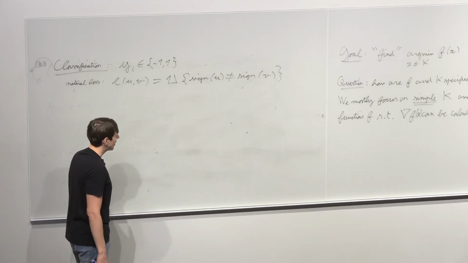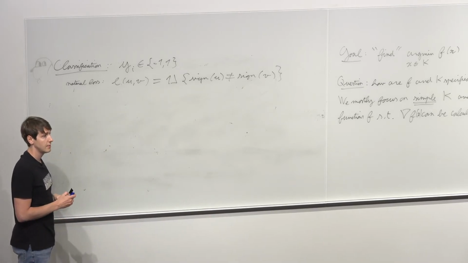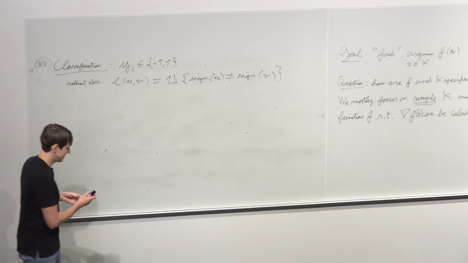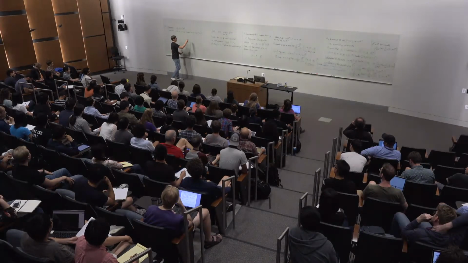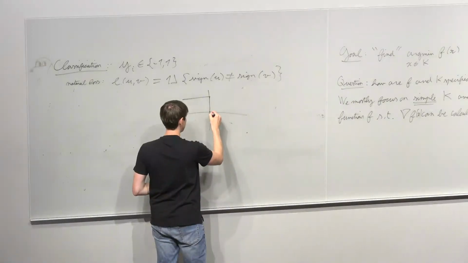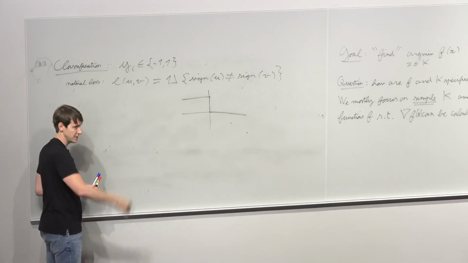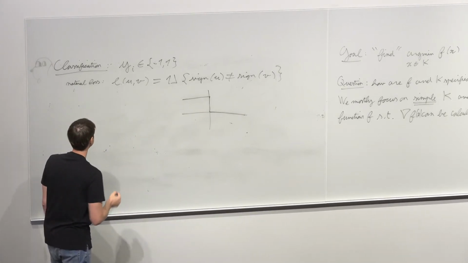What's the problem of this loss function from the perspective of this class? It's not convex, right? It's pretty bad. It looks like this, a 0-1 loss with a threshold like this. So this is non-convex.